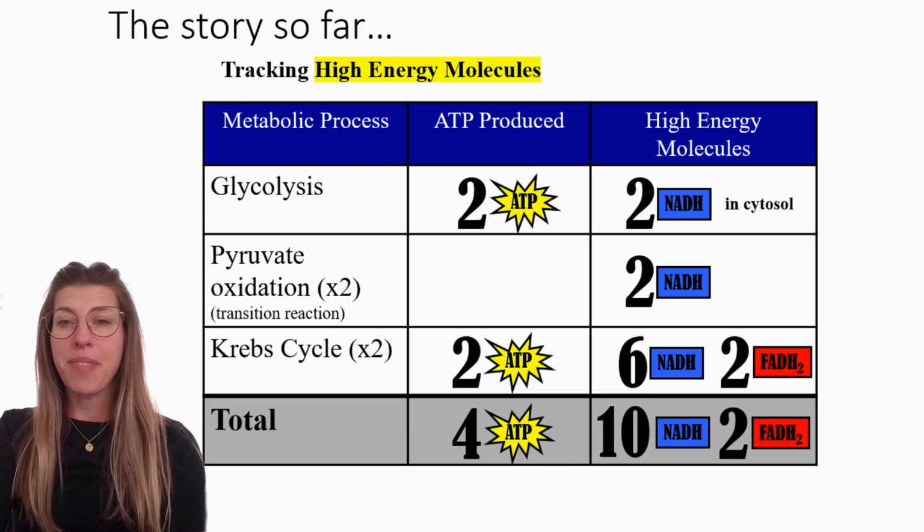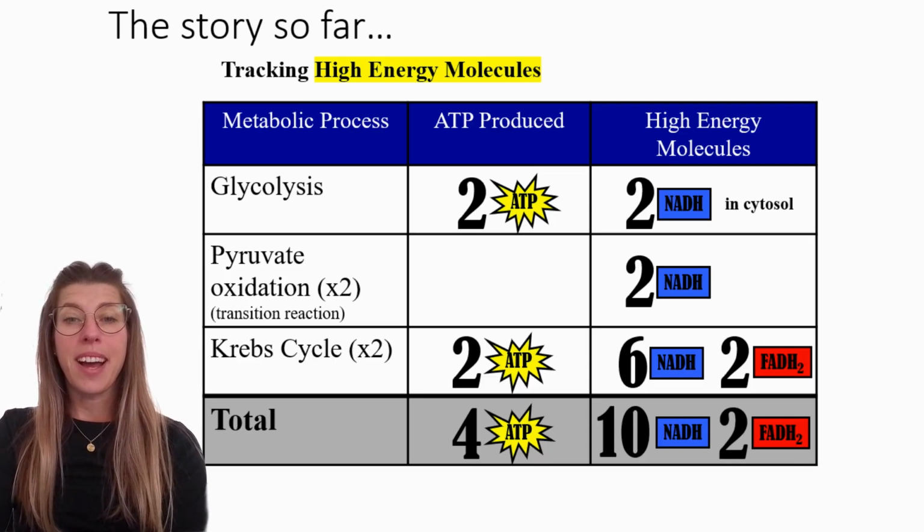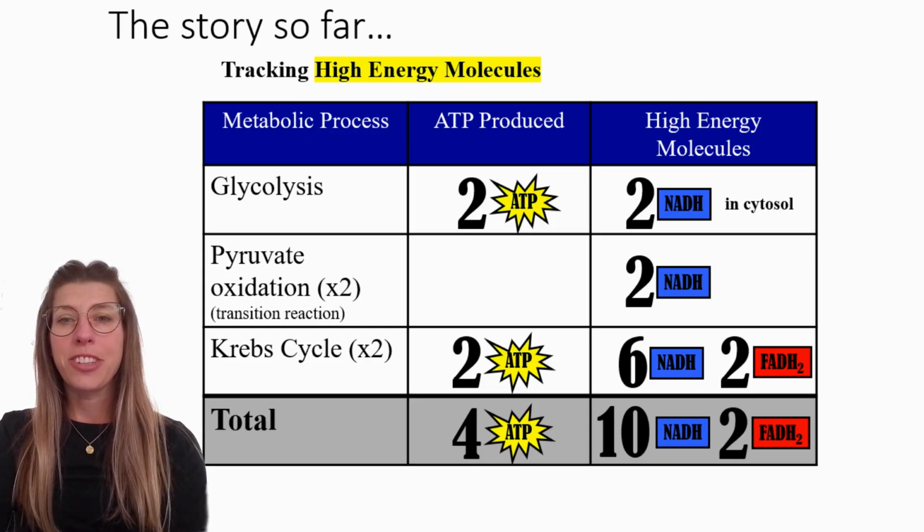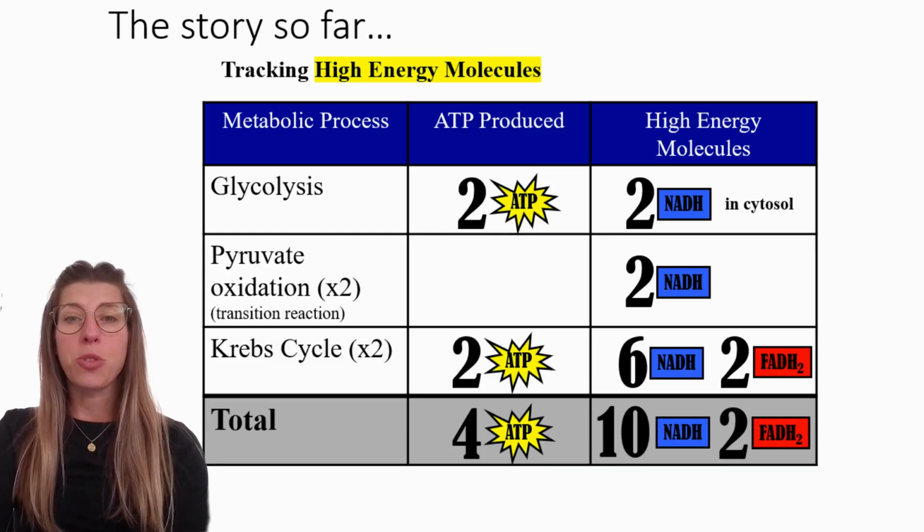But there are also high energy molecules like NADH and FADH2 that aren't necessarily used directly by cells for energy, but in the end, which we'll see in our next lesson, are used to create more ATP. So it's a precursor to create more ATP.